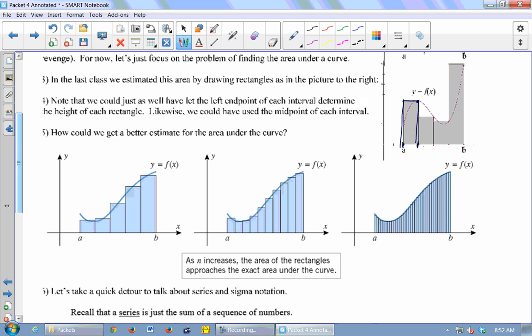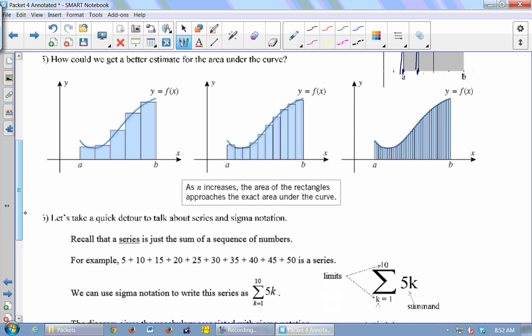So how do we get a better estimate for the area under the curve? Here's a picture where, well, in all of these pictures, I'm using midpoint to get the height of the rectangle. But to get a better and better estimate, use smaller and smaller rectangles, right? More and more intervals.